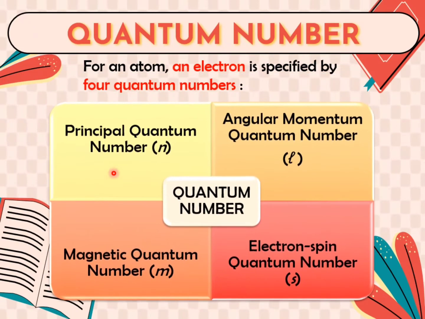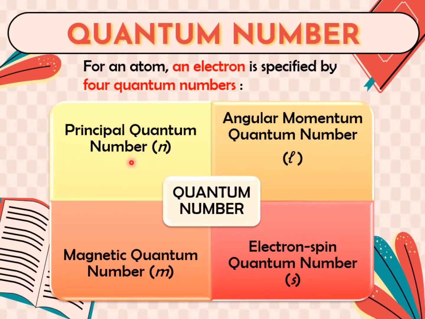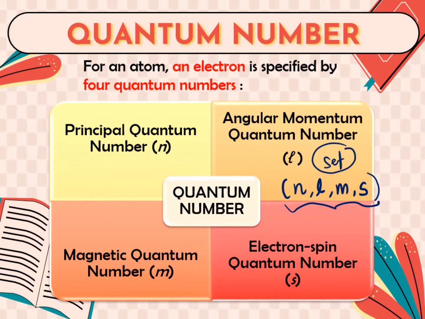So we have N, L, M, and S. N is the principal quantum number, L is the angular momentum quantum number, M is the magnetic quantum number, S is the electron spin quantum number. So you are going to write the postcode like this later. You will have a bracket, and you put N, L, M, S. These are all numbers that you have to identify. This is called a set of quantum numbers. This is the electron's postcode, and you must understand that one set is equal to one electron's house. So if there are 10 electrons, there must be 10 sets of quantum numbers. Okay, please understand.